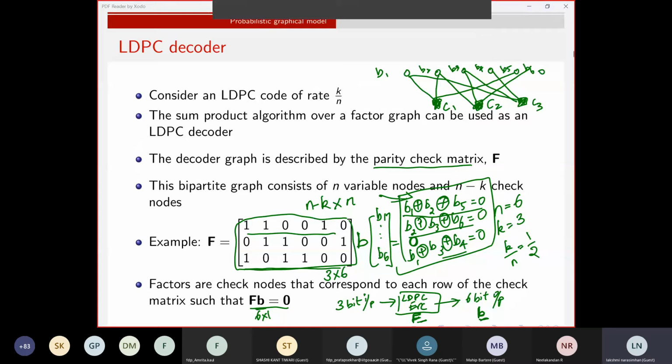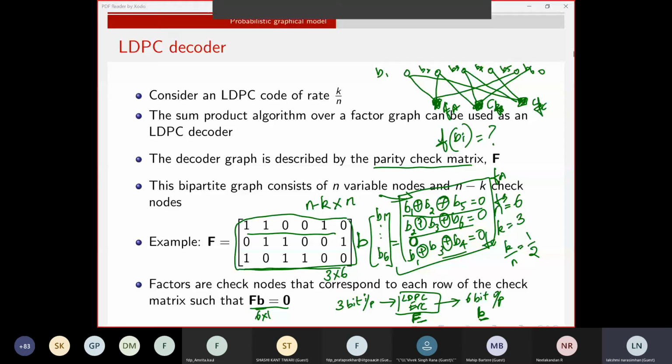Now we have a bipartite graph here, and we know the functions here. Let's call them FA, FB, and FC. And we have some variables here. So all we need to do is find out what f of Bi is.